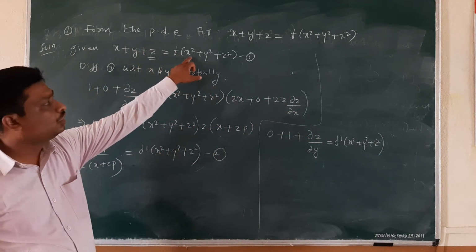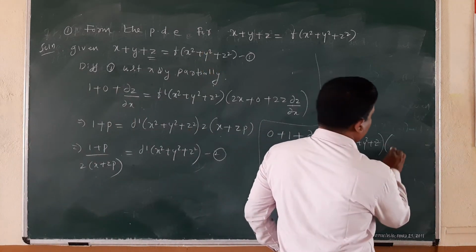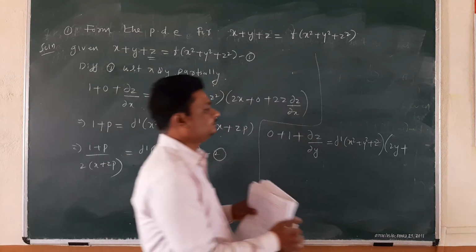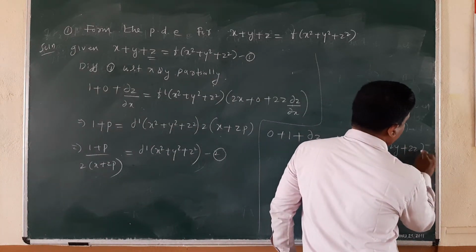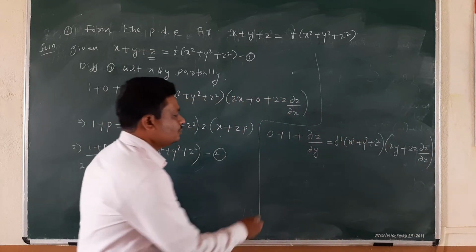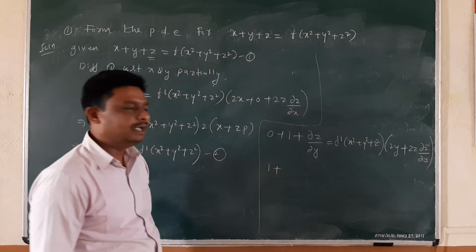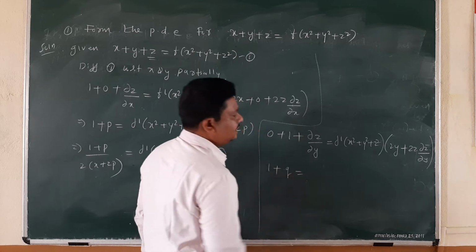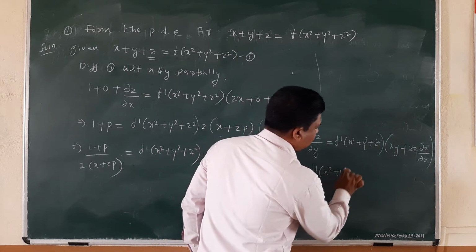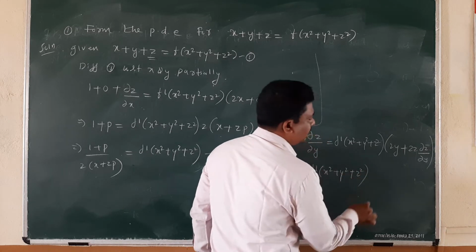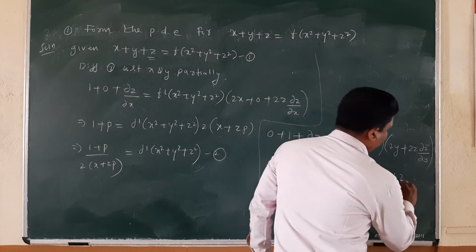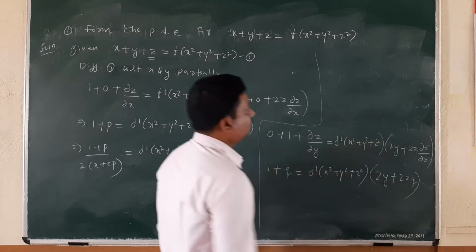Derivative of x square is 0, y square is what here? 2 into y, plus z square is 2z dou z upon dou y. So 1 plus dou z upon dou y, which is q, is equal to f dash of x square plus y square plus z square into 2 into y plus 2z into q.